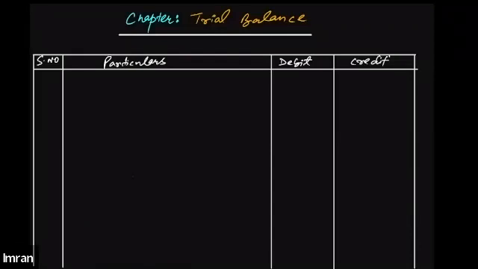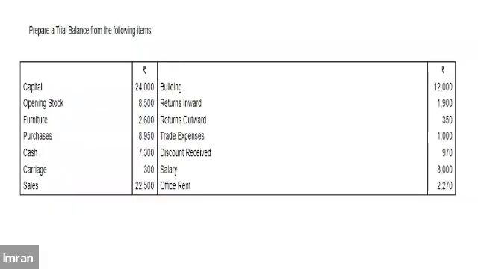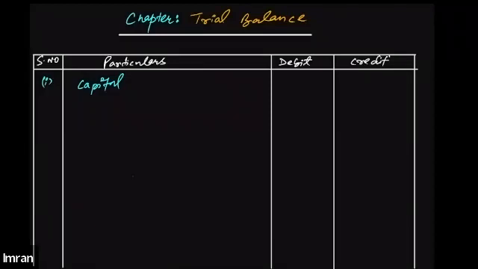So this is how we'll prepare the trial balance. First of all, the first item is capital. Anyone please tell me, capital has which kind of balance? Debit balance or credit balance? 24,000 needs to be written in which column? Debit or credit column? Tell me quickly.